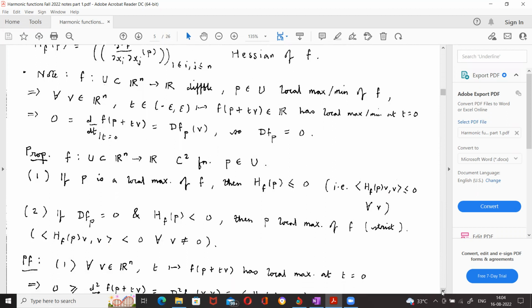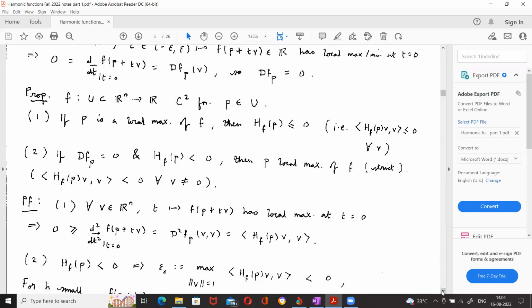So if f from R^n to R is a C^2 function, and we take a point P in U, the domain of f, if P is a local maximum of f, then this Hessian matrix is negative semi-definite. Okay. And conversely, if the first derivative is 0 at a point, and if the Hessian is strictly negative definite, then the point P is a strict local maximum of f, right?